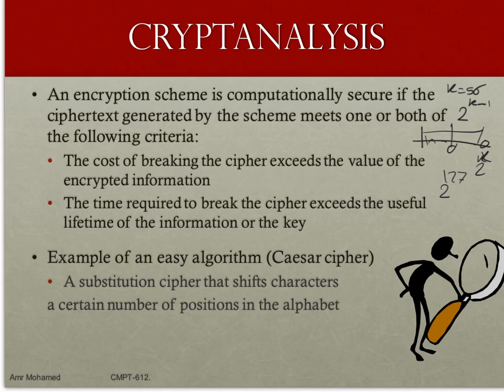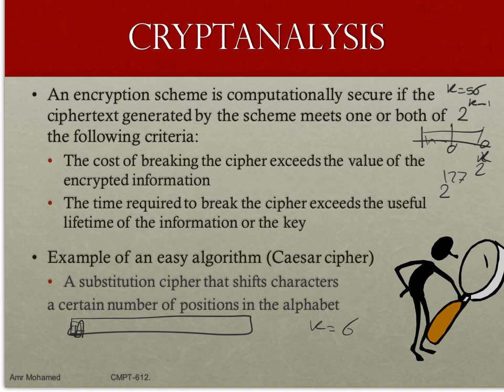This is a very simple example, the Caesar cipher. I think everybody knows the Caesar cipher. You know the Caesar cipher, right? It takes a key value, which is just a number, let's say 6, and it just uses some shift operation. So if you have a plain text like this, you take, for example, the letter A. You know that in the alphabet A, B, C, all the way to 26 characters.